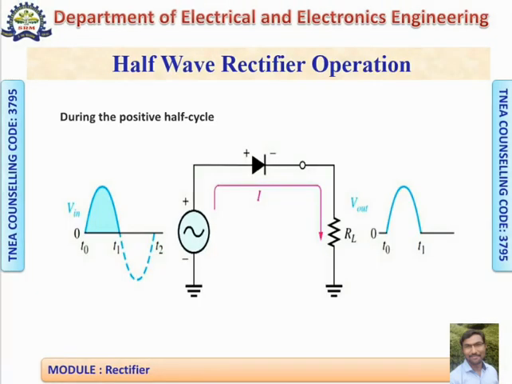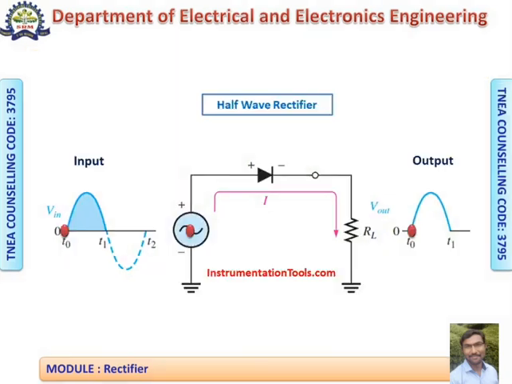Now, the operation of a half wave rectifier involves two half cycles. During the positive half cycle, that is from time interval t0 to t1, the anode terminal of the diode will be positive and the cathode terminal of the diode will be negative.